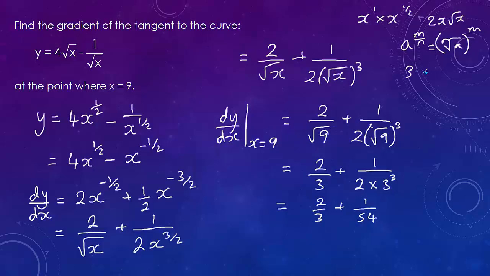Now 3 times 18 is equal to 54. So what we need to do to get both of these over 54 is multiply top and bottom here by 18. So that's going to make that 36. So that gives us 37 over 54.